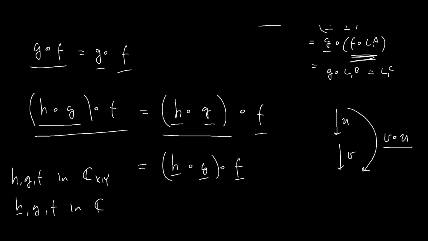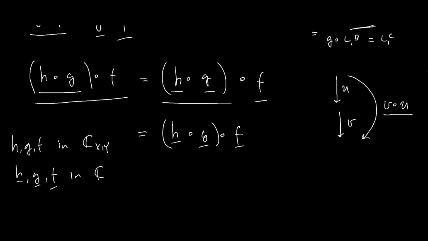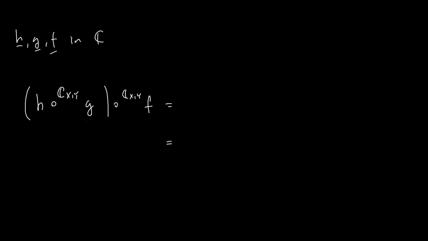Remember, this thing itself is not equal to G underline composed with F underline. The underline of that is equal to that, right? So we can't first simplify the inside part. We actually don't know how to simplify the inside part yet.